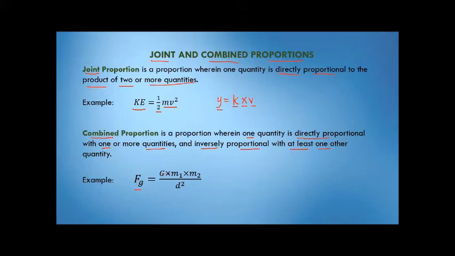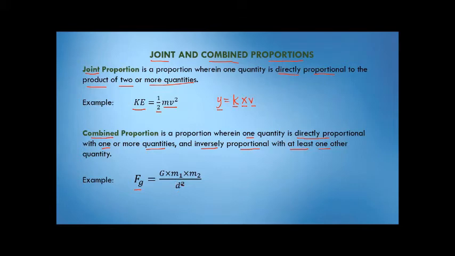So meron tayong tatlo. So direct proportion siya dyan. G, M sub 1 and M sub 2. And inverse proportional with at least one quantity. So ito yung one quantity.